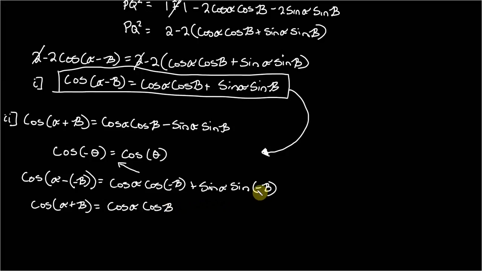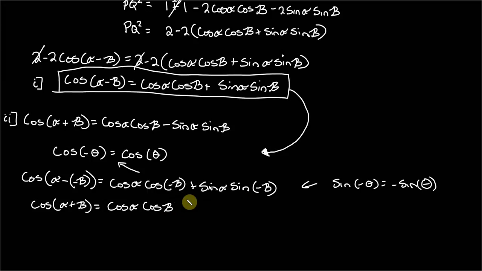And sine(negative beta), maybe I'll write it over here, is another symmetry periodicity identity, where sine(negative theta) equals negative sine theta, because sine is, of course, an odd function.